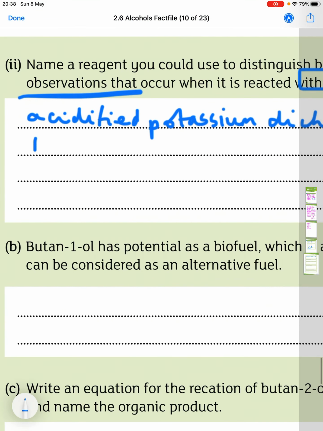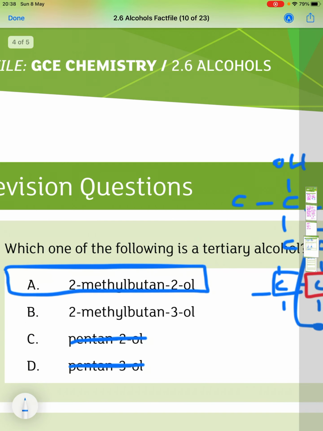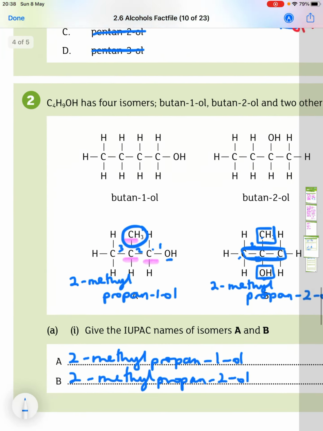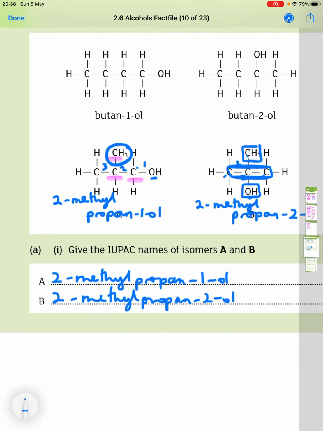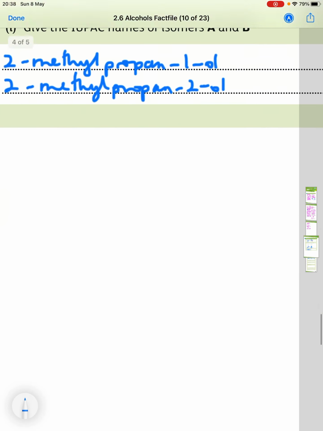So then with A, if we remember what A was, it's a primary alcohol because the hydroxyl group is attached to a carbon which is only attached to one other carbon. In B, there are 3 carbons attached to that carbon with the hydroxyl group.